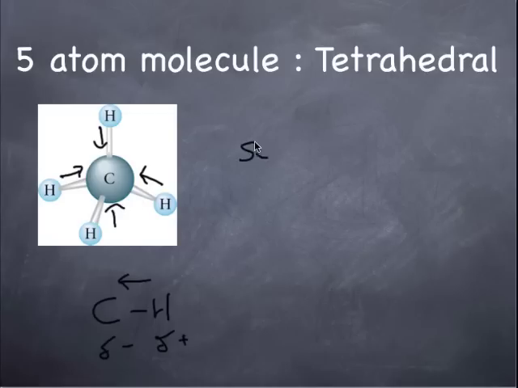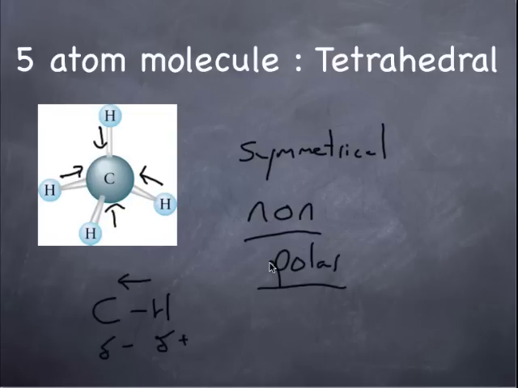Very symmetrical, which means what? It means there's symmetry, and it is non-polar. If you get that symmetry and all of the electrons are being pulled equally, you get a nonpolar molecule. It's non-polar. This does take a little bit of imagination, though, so exercise yours.